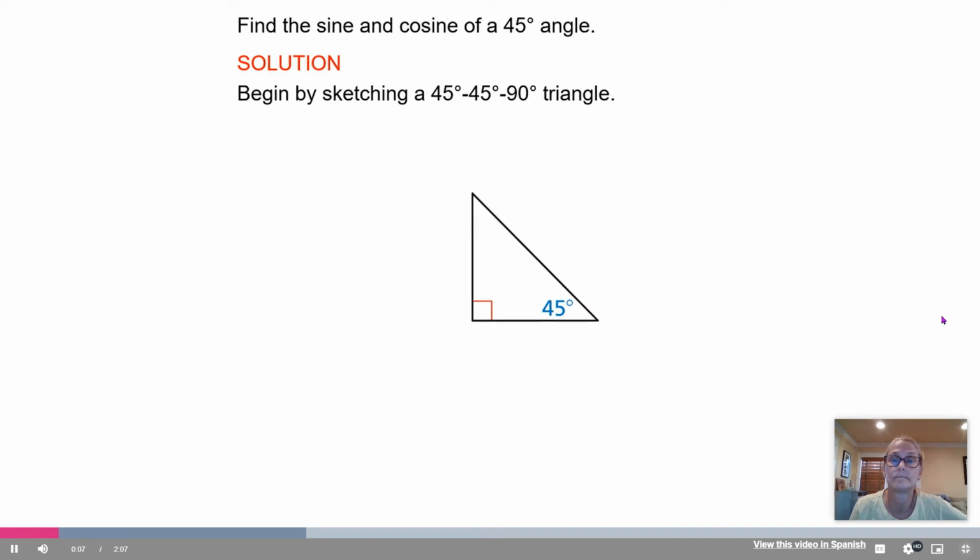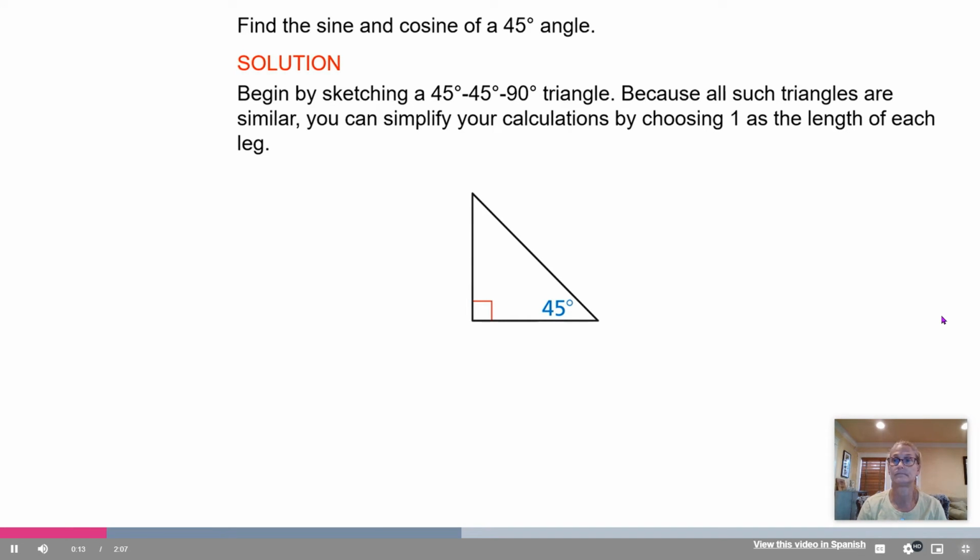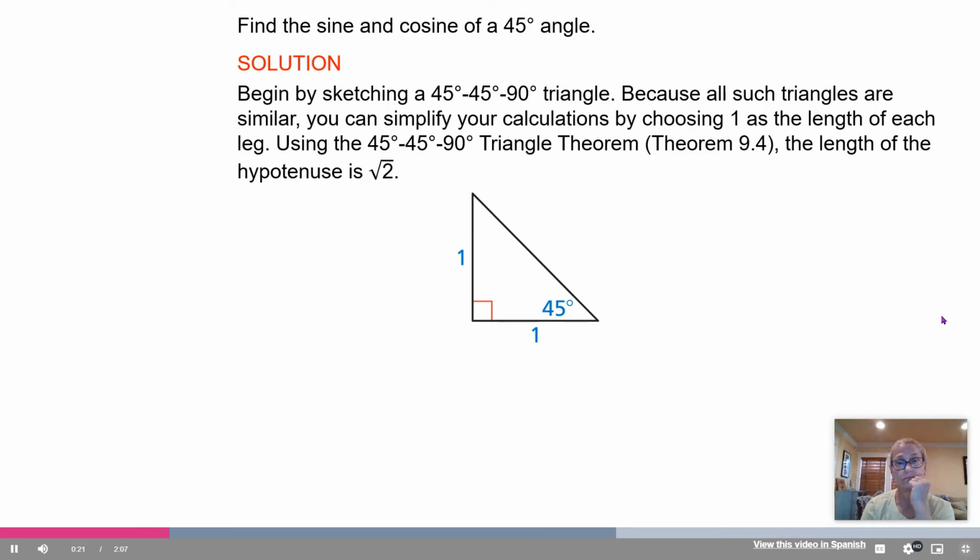Begin by sketching a 45-45-90 triangle. Because all such triangles are similar, you can simplify your calculations by choosing 1 as the length of each leg. Using the 45-45-90 triangle theorem, the length of the hypotenuse is the square root of 2.